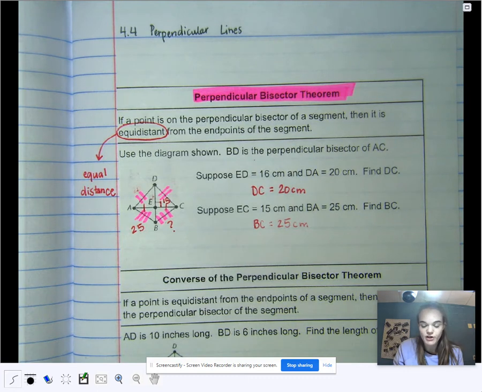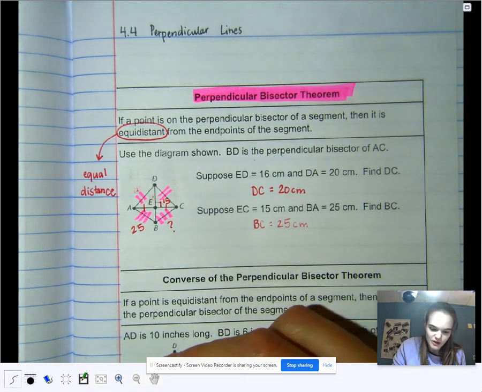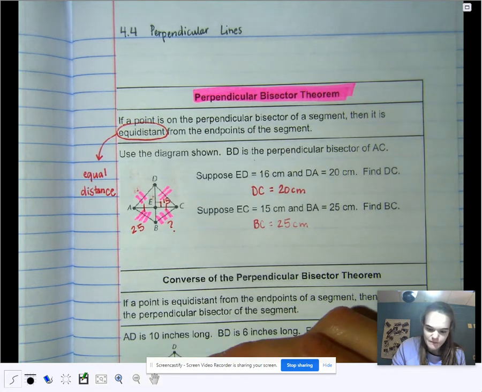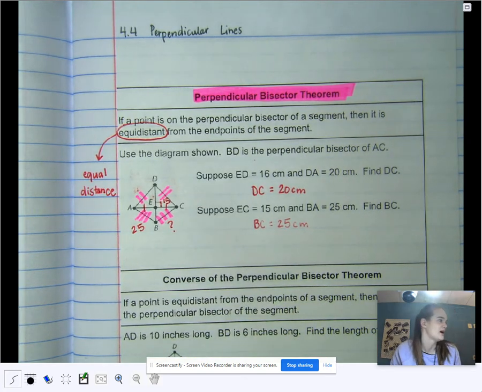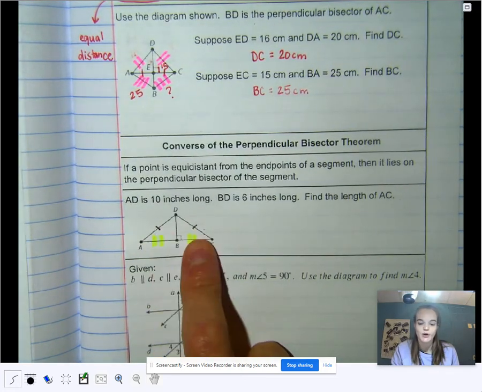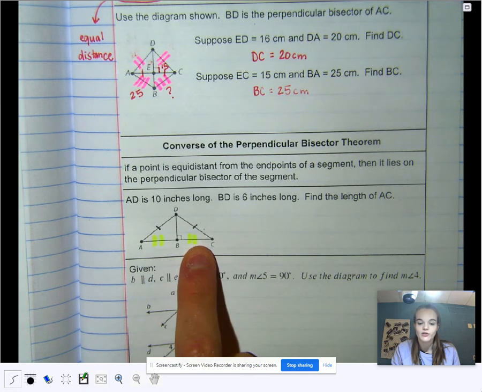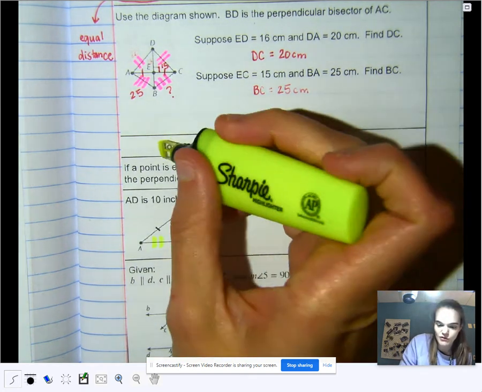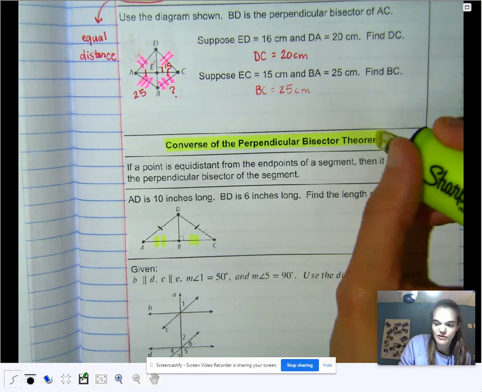Well, since these two are congruent to each other, that means this is the perpendicular bisector. So this and this are congruent, and it's at a right angle. Since these are congruent, they gave us that in the problem, that means this and this are congruent because of the converse of the perpendicular bisector theorem.